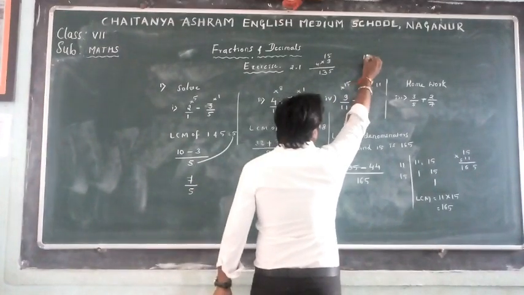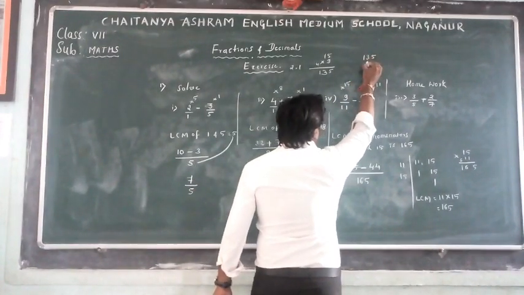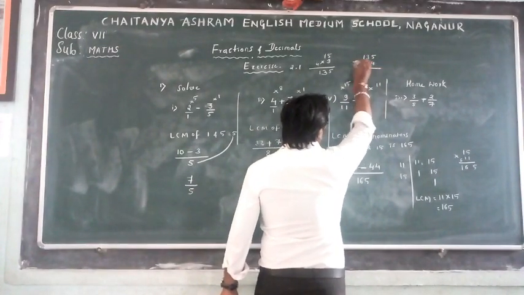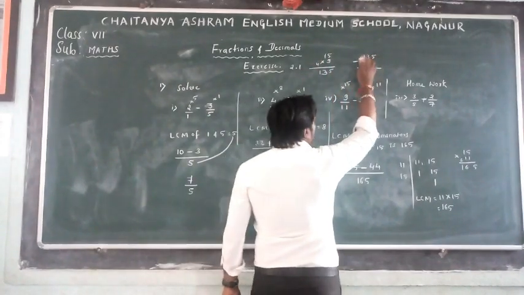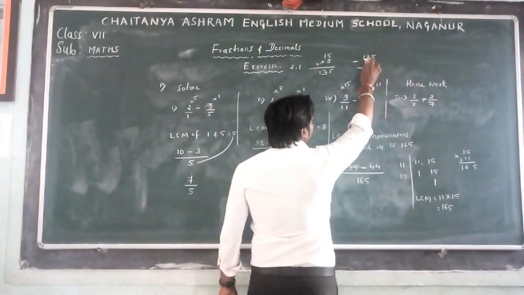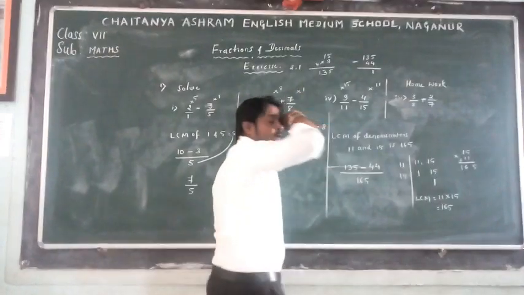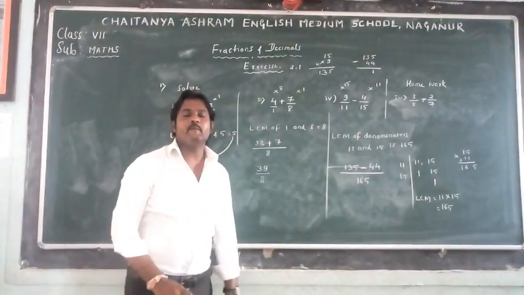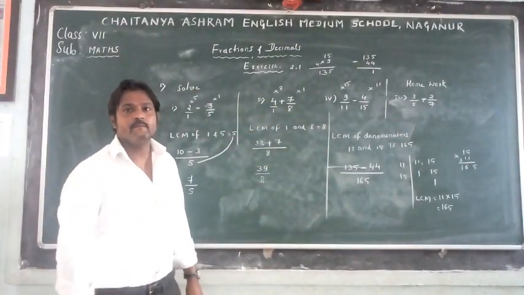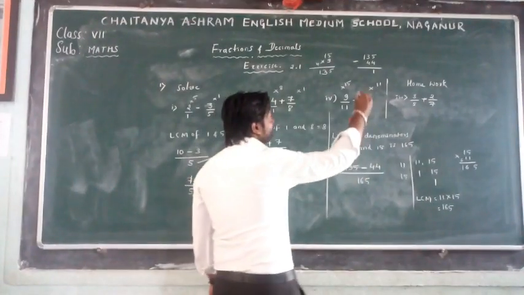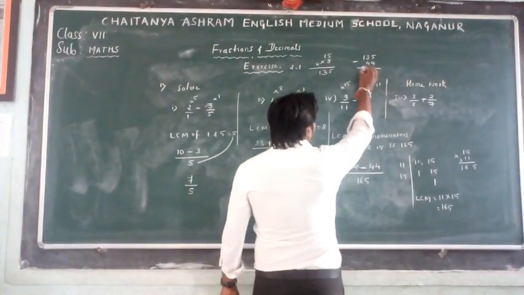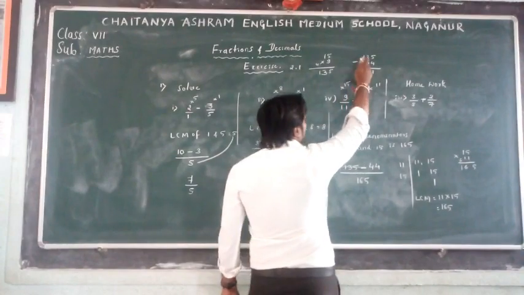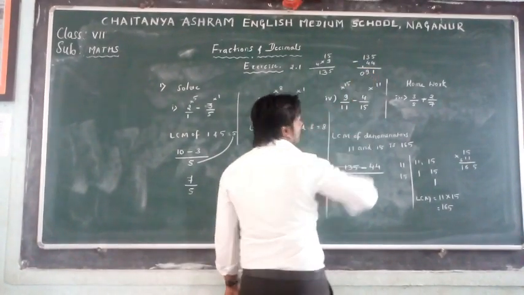Observe, 135, 44. Subtract: 5 minus 4, 1. 13 minus 4. What is 13 minus 4? It is 9. 1 minus 1, 0.